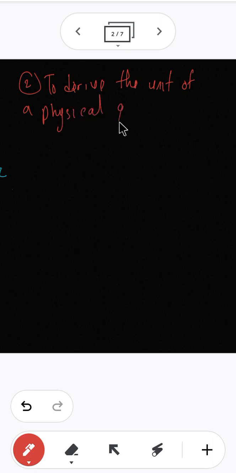The second application of dimensional analysis or dimension is to derive the unit of a physical quantity. Now this is very, very straightforward. When you know the dimension of something, you can easily get the unit. Now let's take an example. We solved a first example. So example 2.